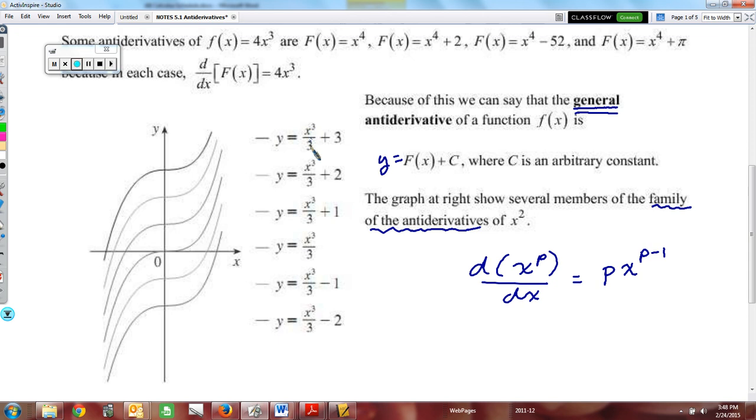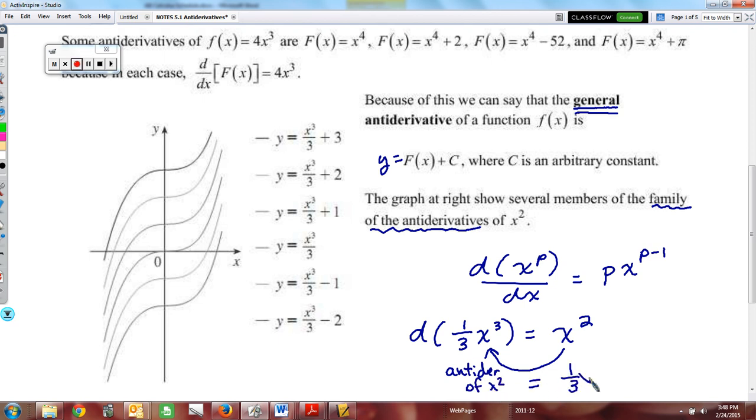Hopefully you can see that the antiderivative of x squared would be x cubed over 3, or 1/3 x cubed. If I were to take the derivative of 1/3 x cubed, then I would get x squared, which is why, working backwards, the antiderivative of x squared is 1/3 x cubed.